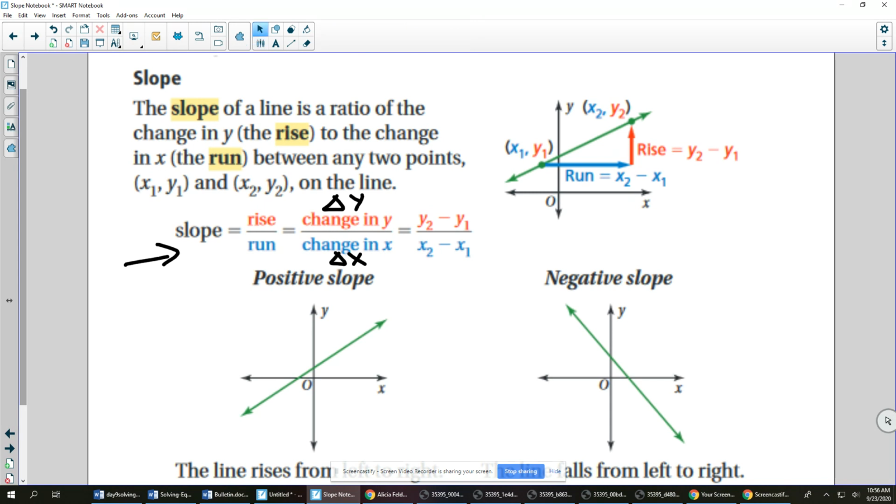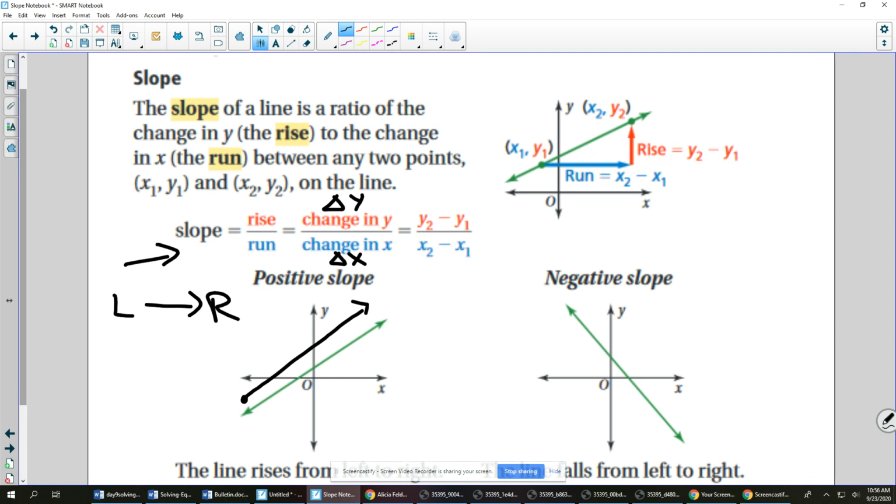There are 4 different types of slopes. I've got 2 that are listed here. One is positive, one is negative. So you read a graph just like you would read a book. You're going to read from the left to the right. So reading a graph from left to right, if it is starting low and going up, then it is a positive slope.